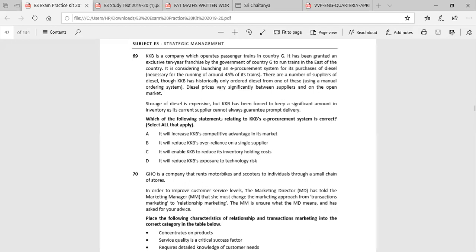Okay, so you say C is one option. So if they are going in for e-procurement, the question is about e-procurement, right? Why would they go for e-procurement?